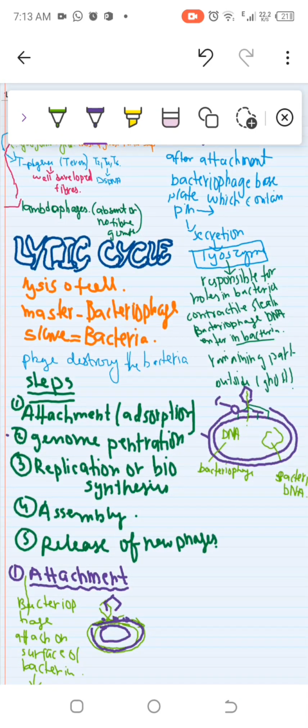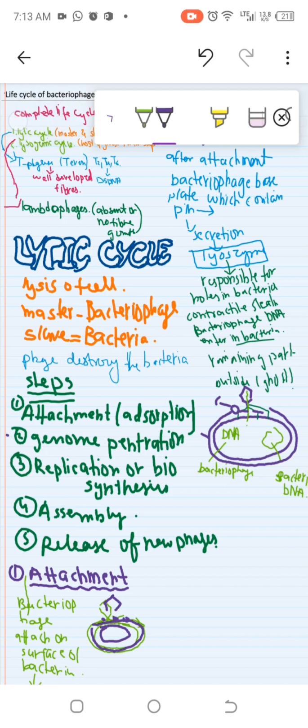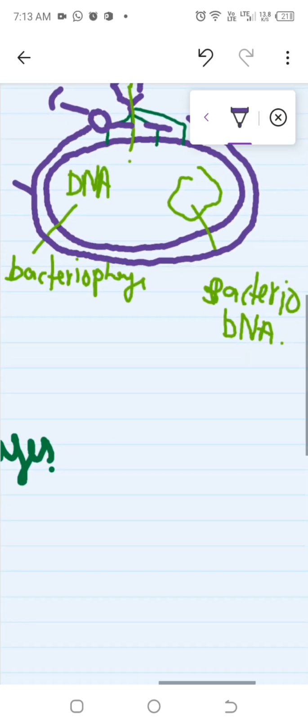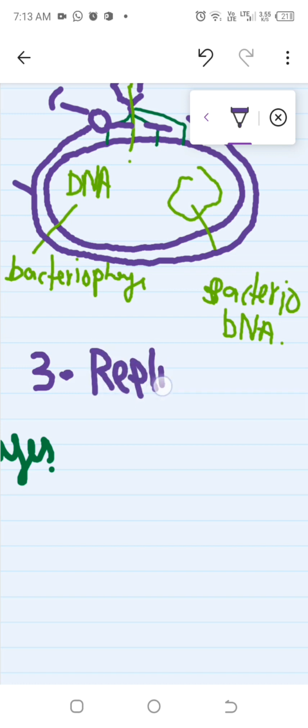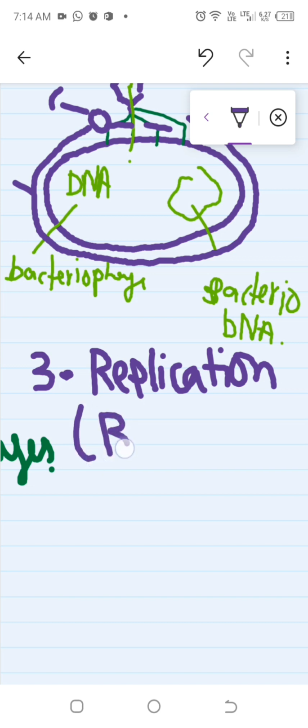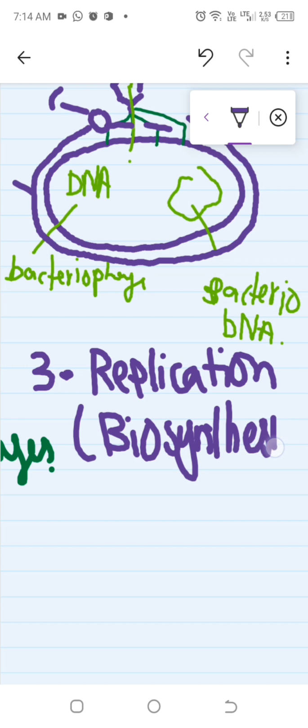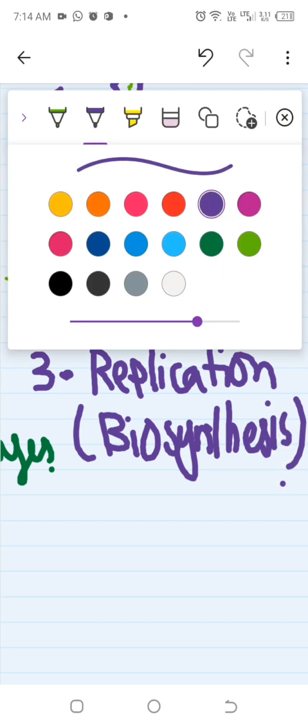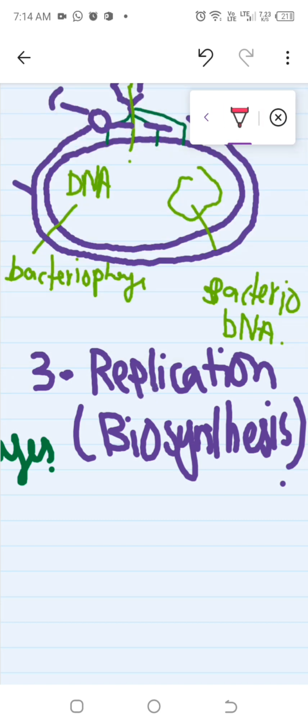Now we should go with the third part, which is replication or biosynthesis. So if I talk about this replication or biosynthesis phase, what will happen in this phase? In this phase, the bacteriophage DNA will destroy the bacterial DNA.